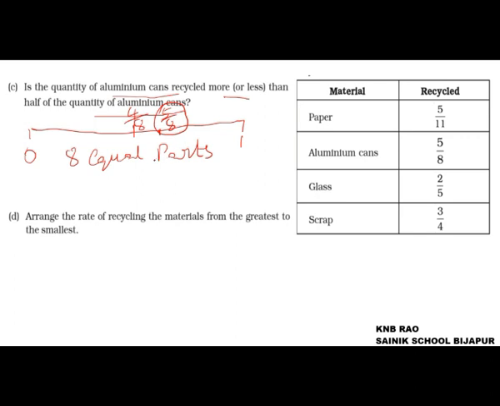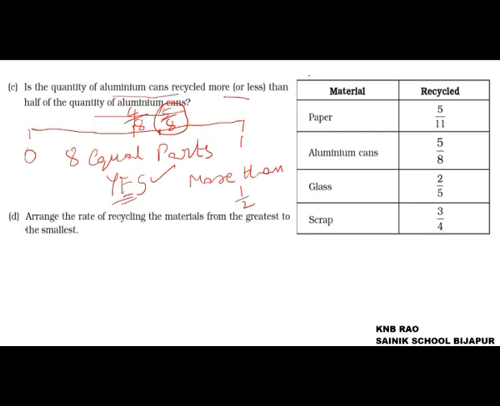That means more than half of the 8 cans, that is more than 4, these 5 are recycled. So here the answer is yes. It is not less than, it is more than half that is recycled in the case of aluminum cans.